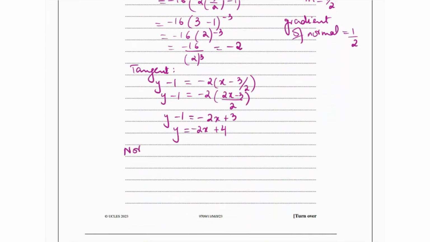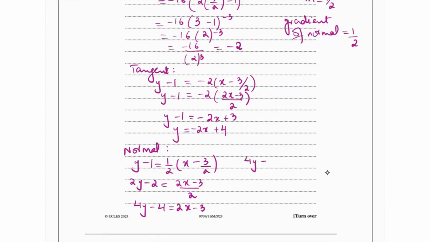So now the equation of the normal: y minus 1 equals 1 over 2 times (x minus 3 over 2). 2y minus 2 equals (2x minus 3) over 2. Now 4y minus 4 equals 2x minus 3. 4y equals 2x plus 1. So y equals 1 over 2 x plus 1 over 4. That is the equation of the normal.